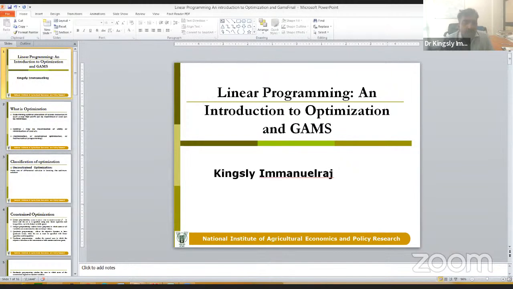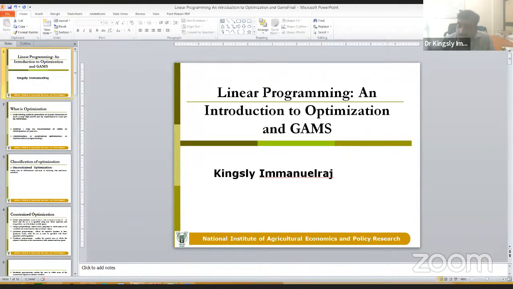So now our case. There are objective function, resource equation, and non-negativity equation. You can even forget the non-negativity equation. Only remember the objective function and resource equation. How can we write this objective function?